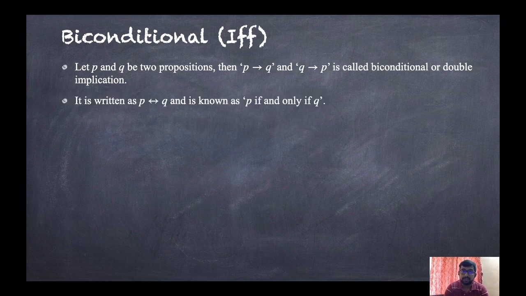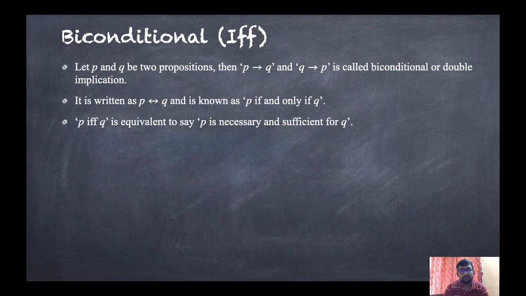It is written with this symbol, two arrows, that means double implication, P double implies Q, and is known as P if and only if Q. P if and only if Q is equivalent to saying P is necessary and sufficient for Q. So these are equivalent.